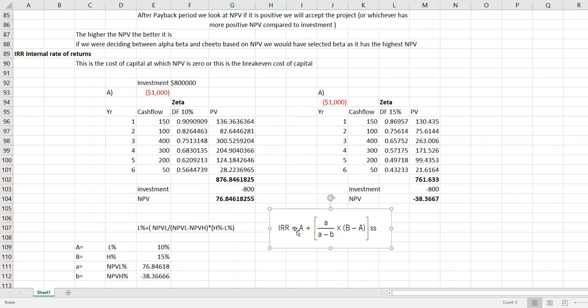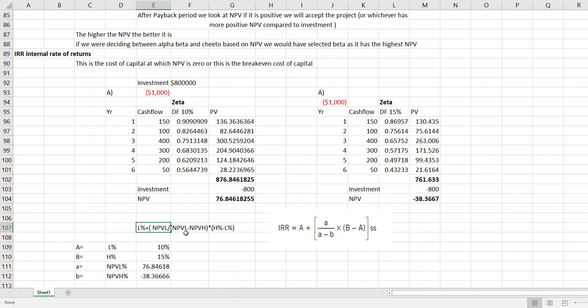So IRR formula is IRR equals A plus B, A divided by A minus B, multiplied by B minus A, divided and whole bracket. Ignore this one. So what I've done is translated it into simple terms.